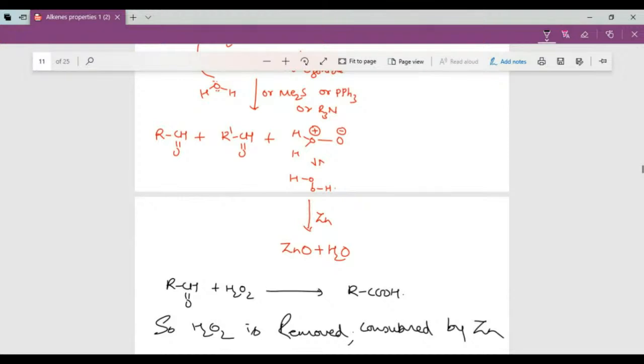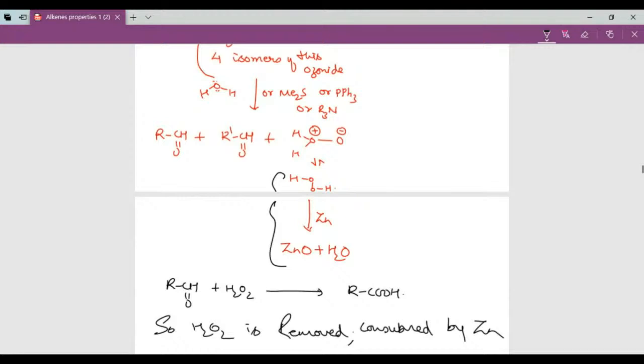Zinc is there to remove this H2O2, to reduce it to water and make it overall a non-oxidizing condition. Due to this reduction step, where H2O2 is reduced to water by zinc, it is called reductive ozonolysis. If zinc is absent, then H2O2 is present in the medium, and then the products are acids, not aldehydes.